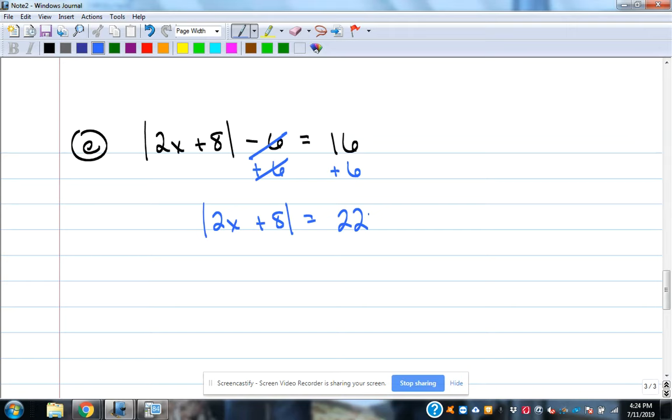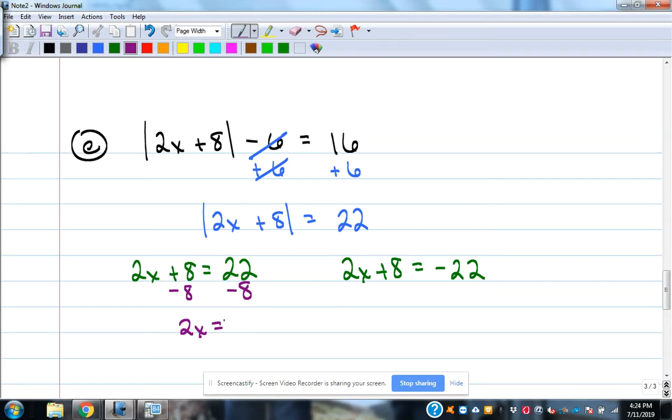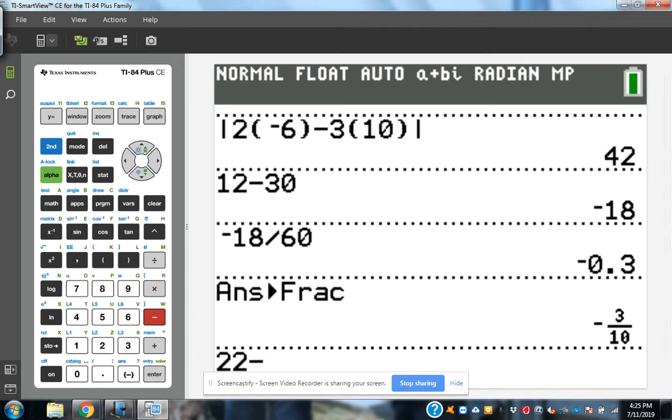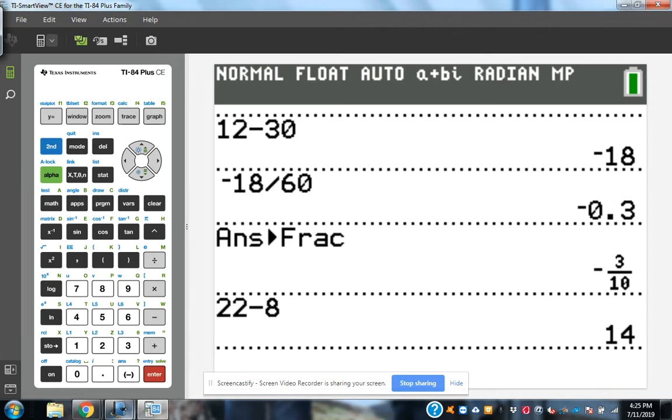We can set it up as two separate equations. 2x plus 8 equals 22, and then 2x plus 8 equals negative 22. And solve those. So subtract 8. It's 2x. 22 minus 8 is 14.